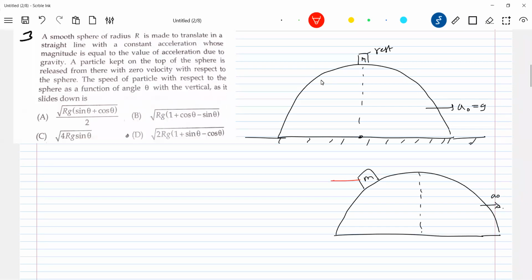So what are the forces that are acting? Pseudo force, the weight mg, and normal contact. These are the forces here. And what is the question asked? The question asked is: by the time the block undergoes displacement through an angle theta with respect to the sphere.